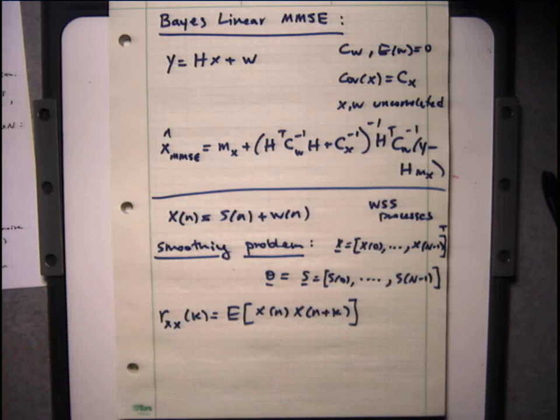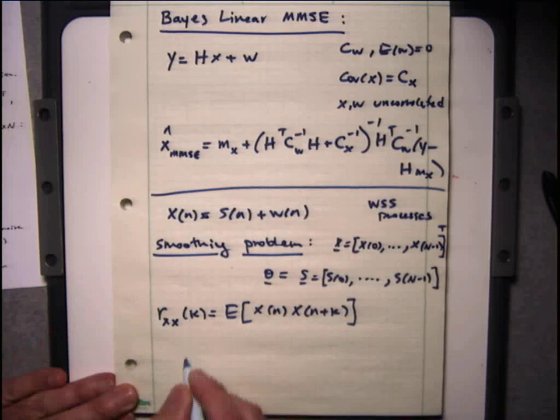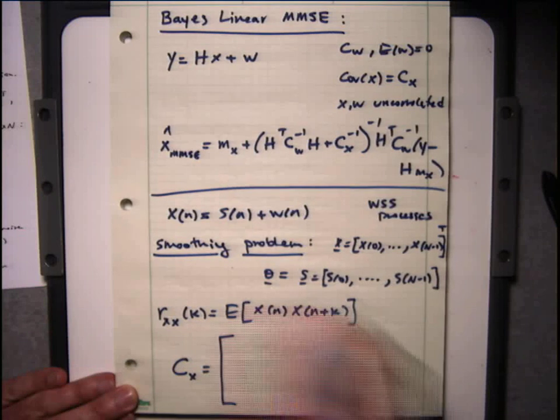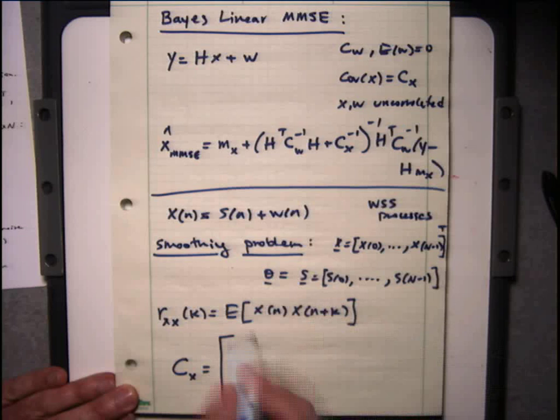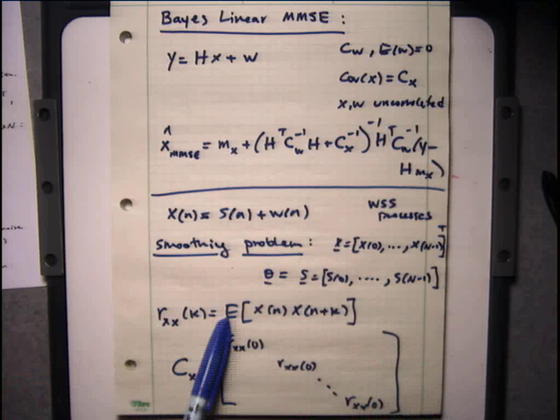Okay, so with this in place, the covariance matrix for this particular random process would also be of the following sort. Along the diagonal you would have Rxx 0, Rxx 0, Rxx 0, because if you let k be equal to 0, then you have the expected value of x squared.